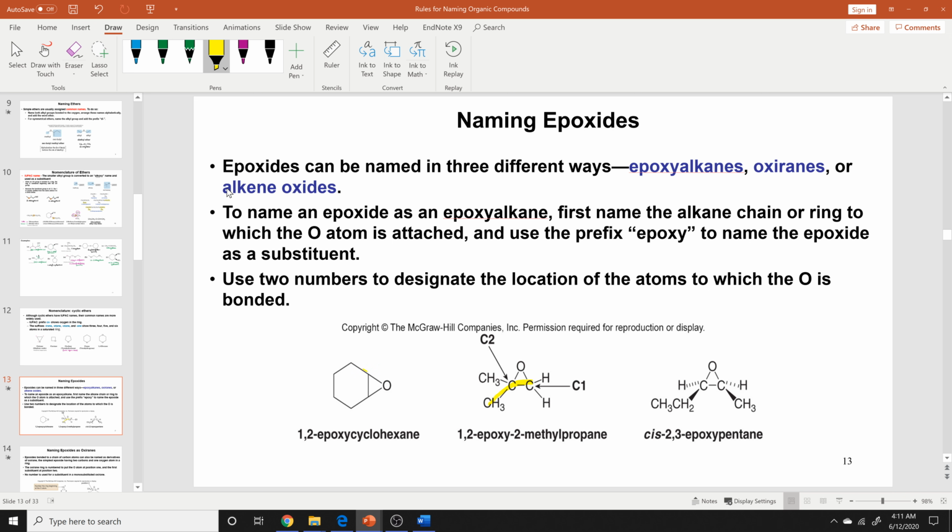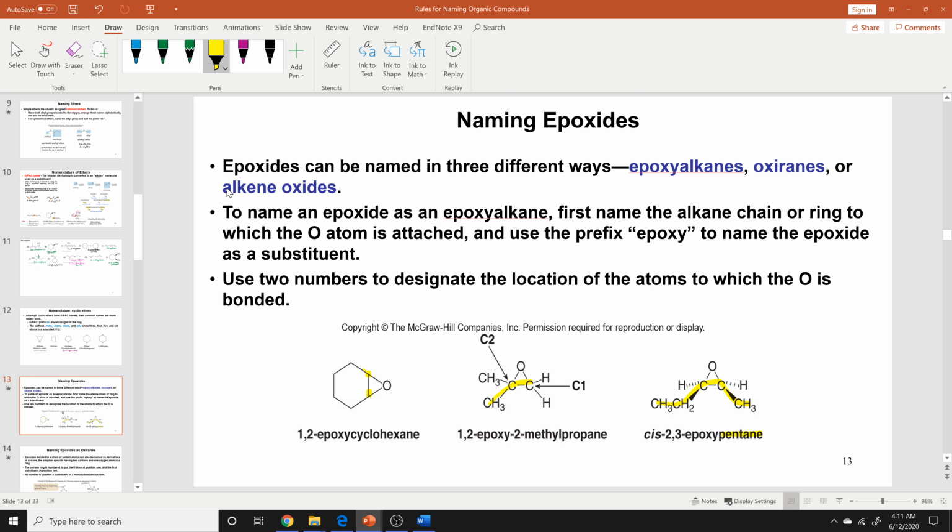Here, my longest carbon chain is a cyclohexane. So on carbon 1 and on carbon number 2, I have my epoxy on the cyclohexane. It's going to be 1,2-epoxycyclohexane. Same thing over here. This is all my chain, so it's going to end up in pentane. And then you would need to locate where your epoxide is, and give it the lowest number on the chain.